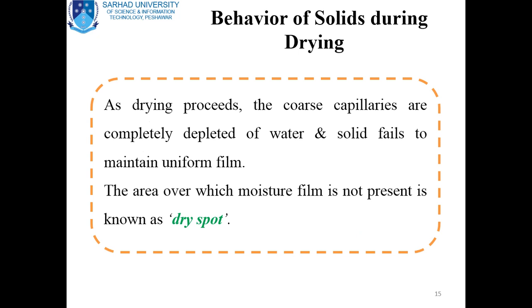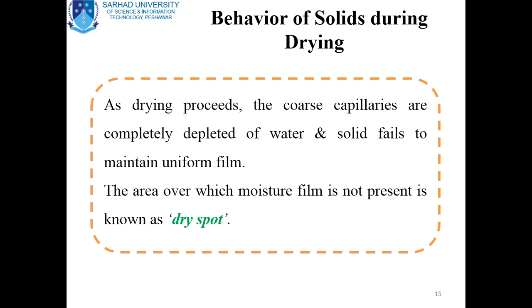As the drying proceeds further, the coarse capillaries are completely depleted of water content, and the solid fails to maintain a uniform film or layer of water, because of the complete deprivation of water in the interior of the solid material.